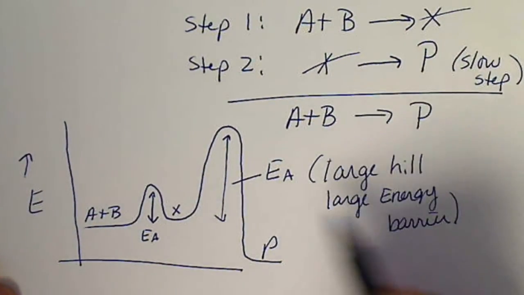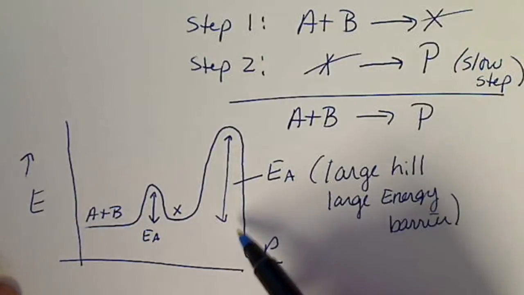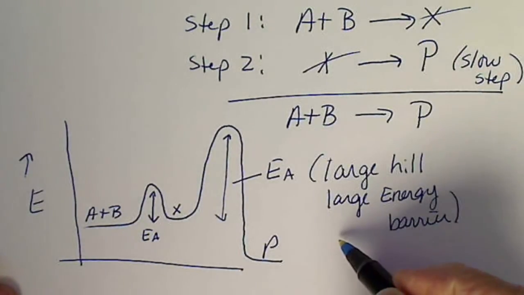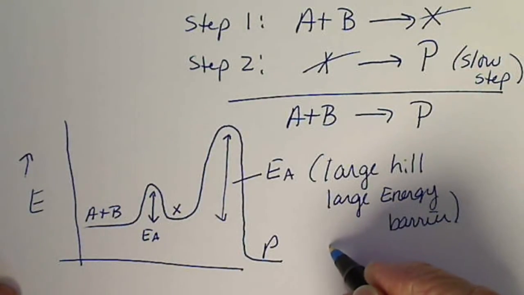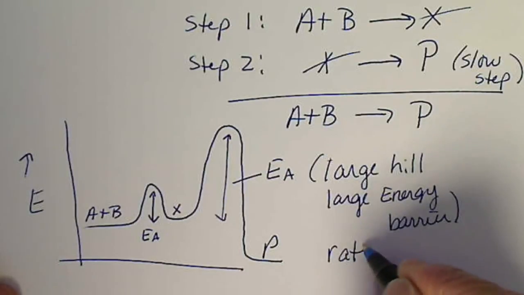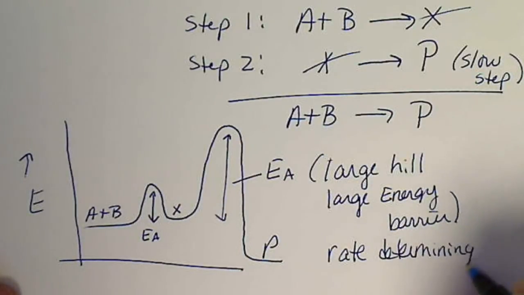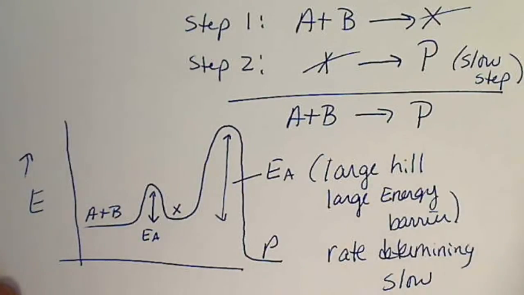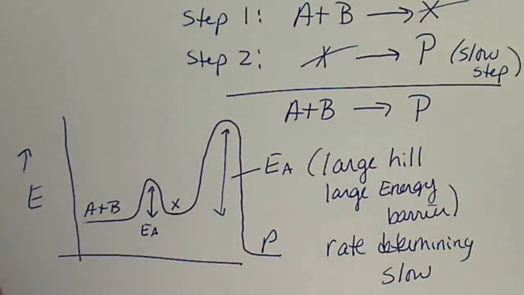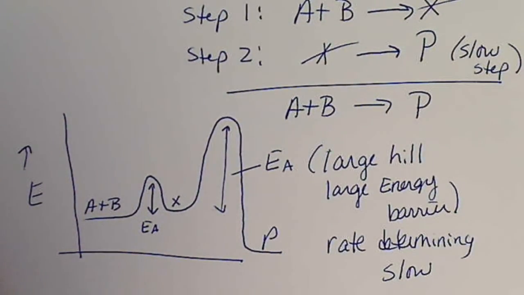So we can see if it requires a lot of energy for this second step to occur, then this is really going to end up being the rate determining step. Because the slow step is really what's going to cause the entire reaction to be slow.